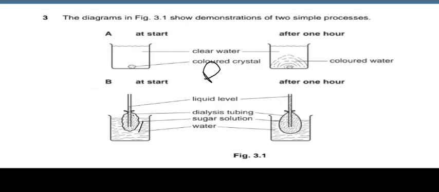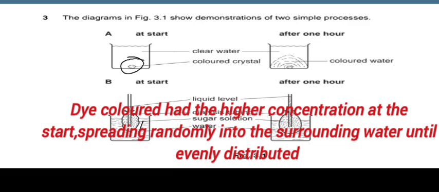Okay? Now, we can start by saying the dye molecules in the crystal are at a high concentration at the start. Since it has a higher concentration, you're going to find that it is going to spread or move randomly into the surrounding water, spreading out until evenly distributed.